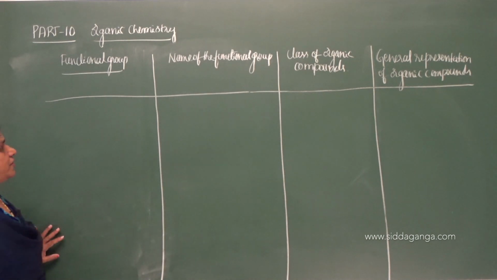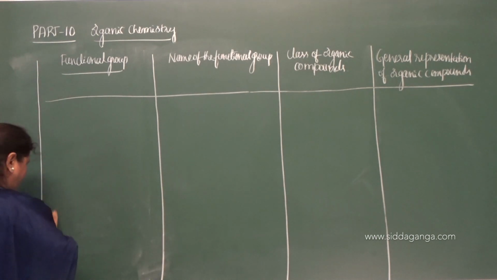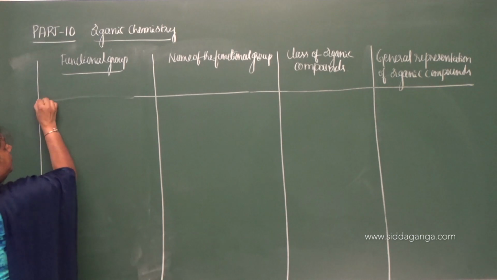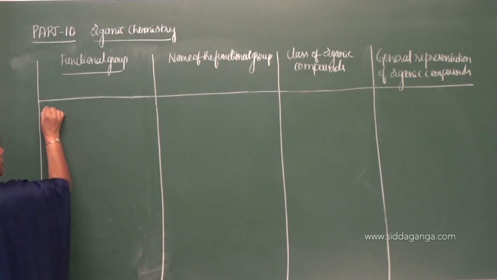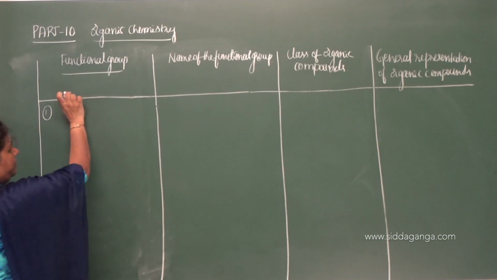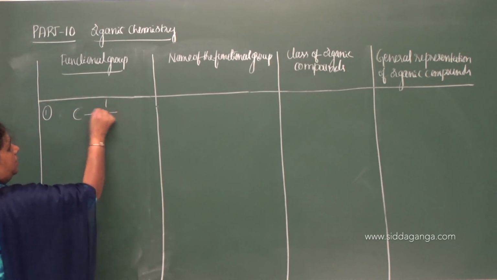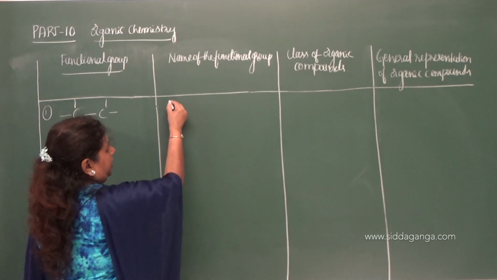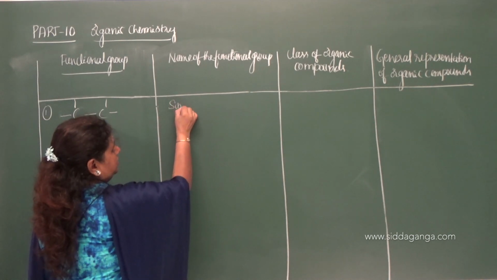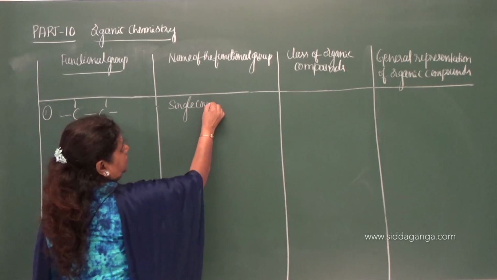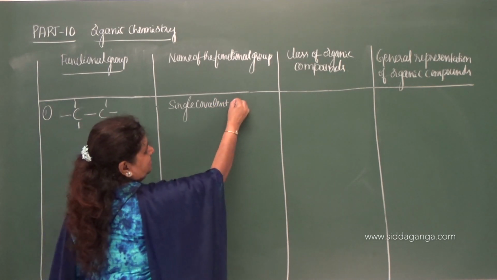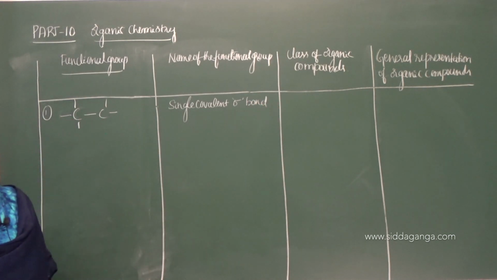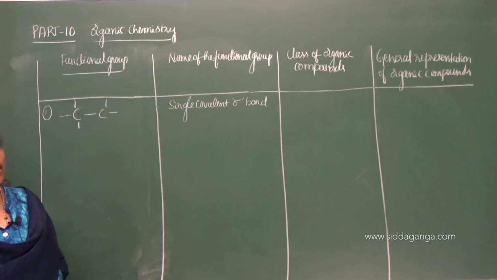So the first functional group here: if there is a carbon to carbon single bond in a given compound, then it is called a single covalent sigma bond.